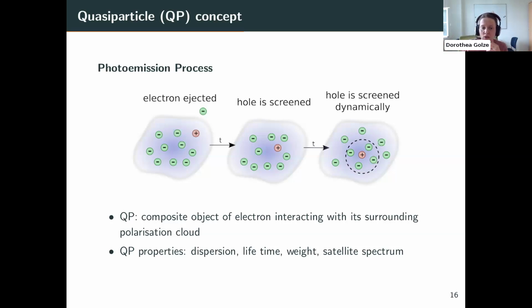This composite object of the hole interacting with its polarization cloud moves through the system. It doesn't always need to be the same electrons around it, but from far away it looks like a hole together with its polarization cloud traveling through the medium. That whole composite object is the quasi-particle, which has properties such as dispersion, lifetime, a weight, satellite spectra, etc.